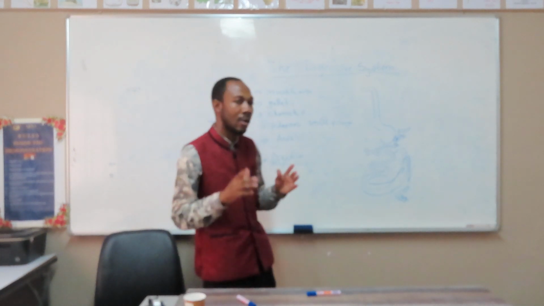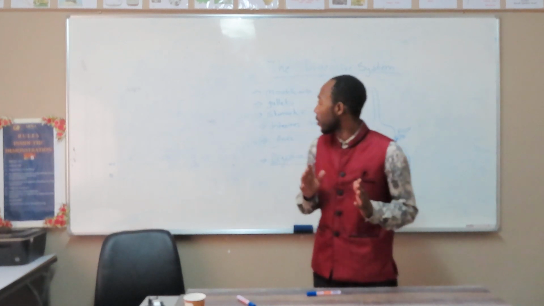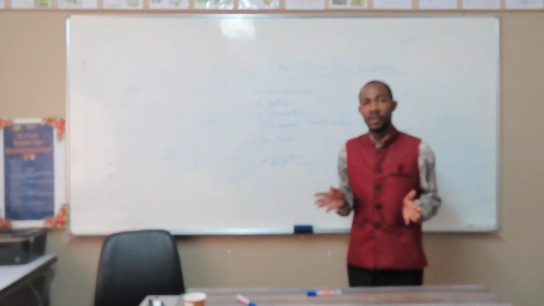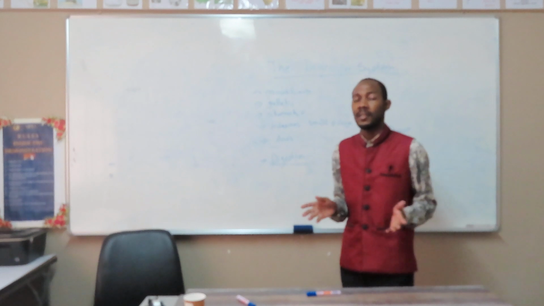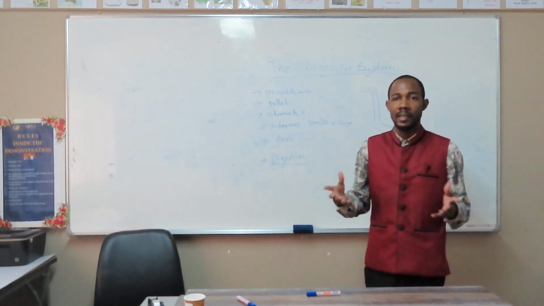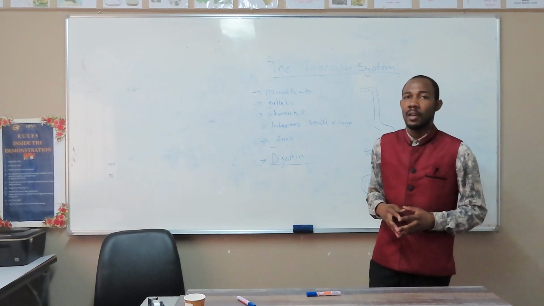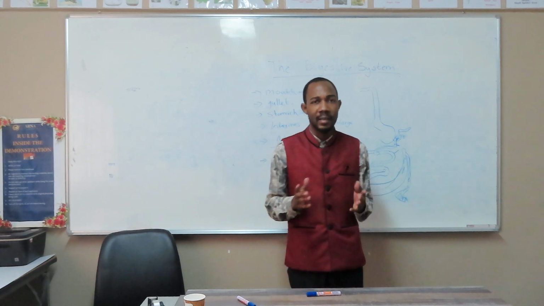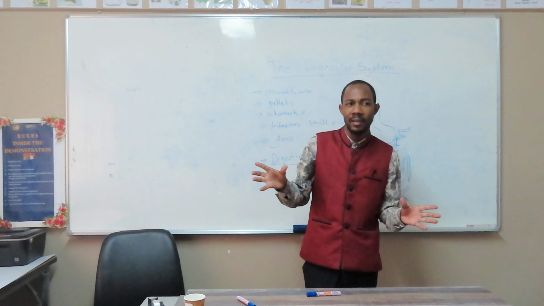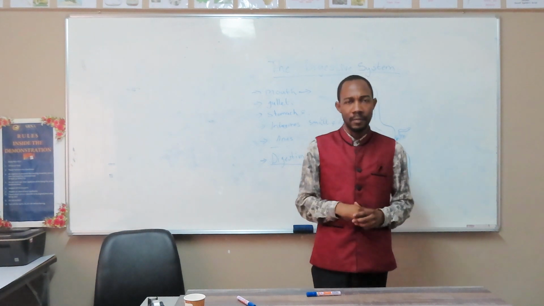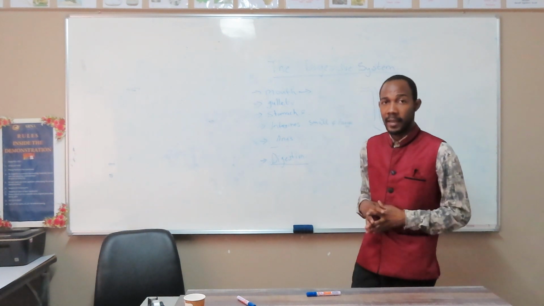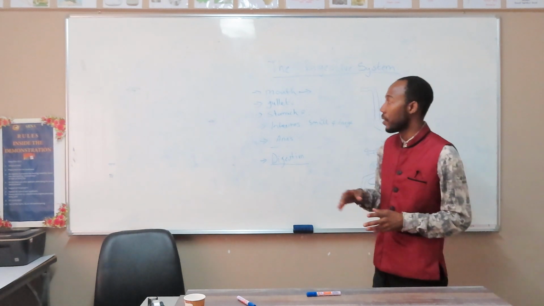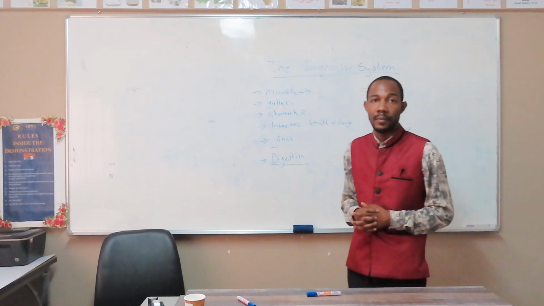Like I mentioned, I always talk about the mouth, the esophagus, the stomach, the small intestine, the large intestines, the anus. That's actually the simplest thing you can talk about or discuss. But it is a little bit more complicated than this. But for simplicity's sake, we just decided to make it this simple.